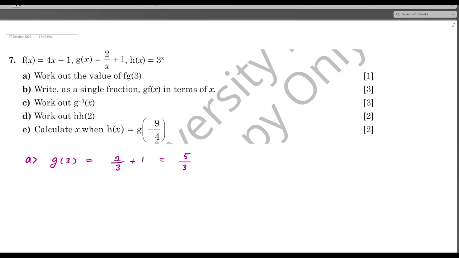Okay, therefore f of g 3 will be equal to f of 5 divided by 3, and f(x) is 4x minus 1, so it is 4 times 5 divided by 3 minus 1. Okay, so 4 times 5 is 20, 20 divided by 3 minus 1 is 17 divided by 3.